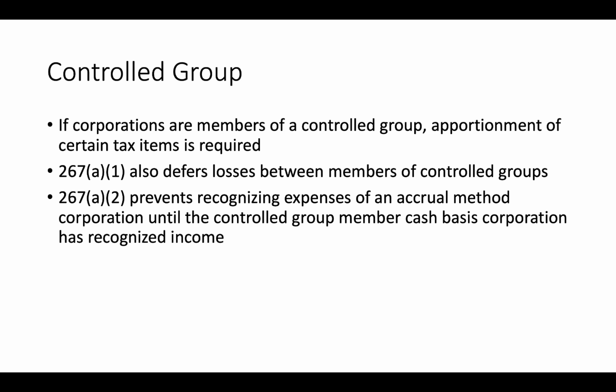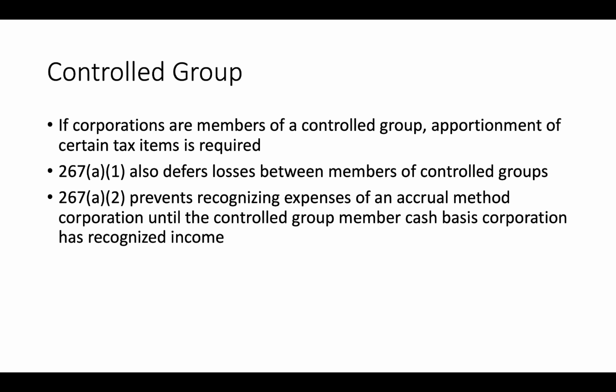So 267(a)(1) is going to defer losses between members of controlled groups. If I'm Corporation A and I'm related to Corporation B, I sell something to Corporation B at a loss, I can't recognize that loss right now. I'm going to defer it to later. Because remember, for tax purposes, we like losses because we don't like paying as much tax.